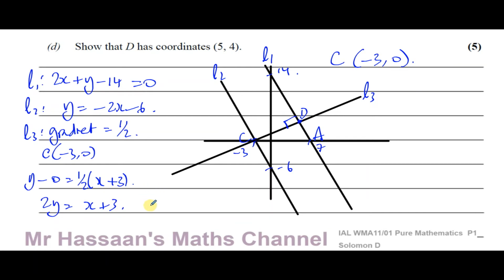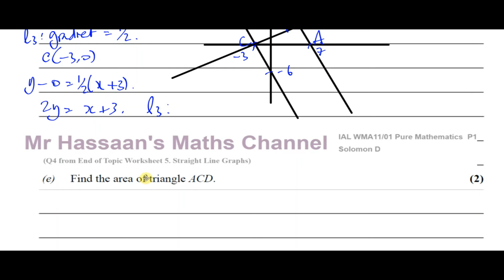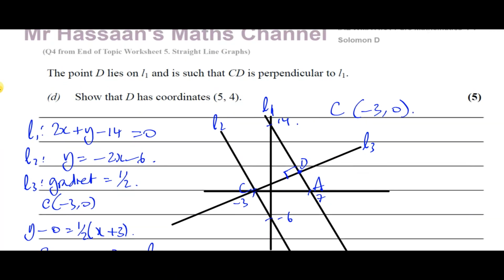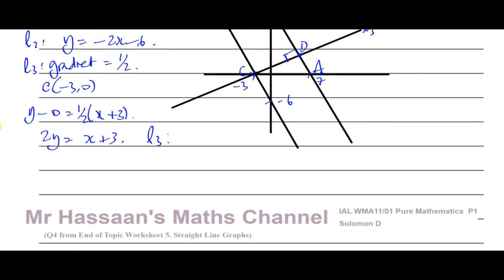Now I need to solve this simultaneously with the equation for line 1, because I want to find where line 3 hits line 1, and that will tell us the coordinates of D. Okay, so let me just make a bit of space here. I need to solve simultaneously the equations: line 1, which is 2x plus y minus 14 equals 0, and also the equation for line 3, which, if we bring everything together, is x minus 2y plus 3 equals 0.